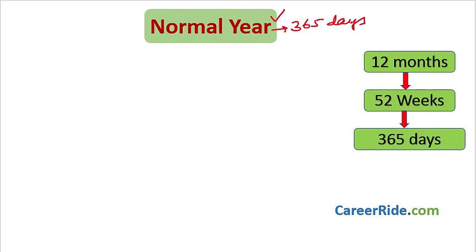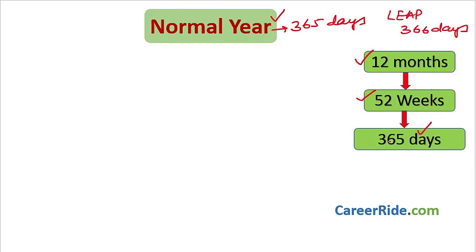The second type of year that we'll meet is the leap year, and this year contains 366 days, right? So first of all, let us deal with the normal year. As all of us know, any year contains 12 months, it contains 52 weeks, and if the year is a normal year, it contains 365 days.